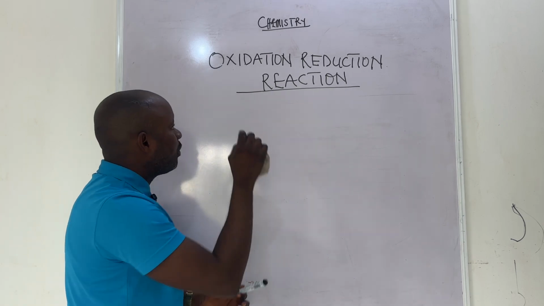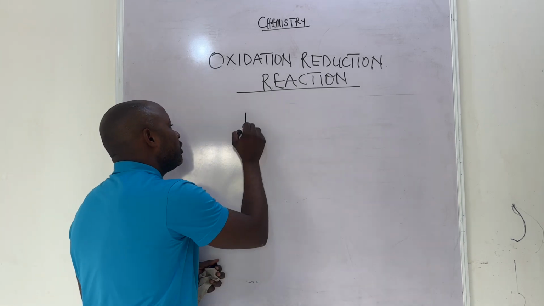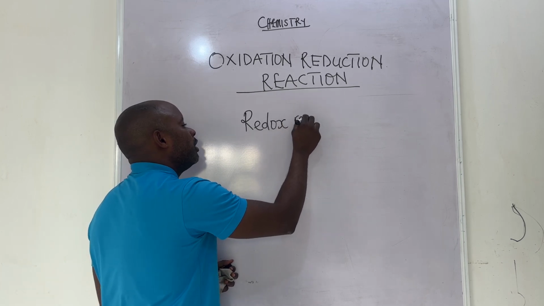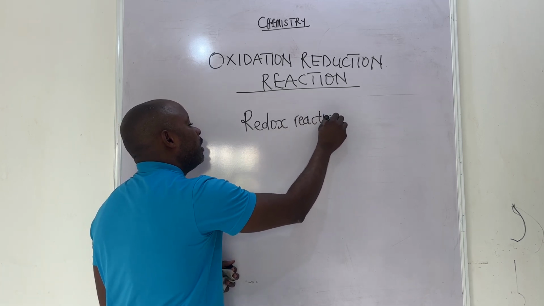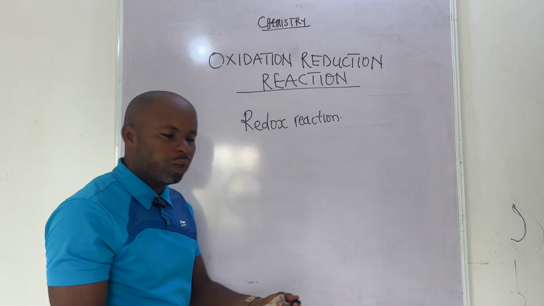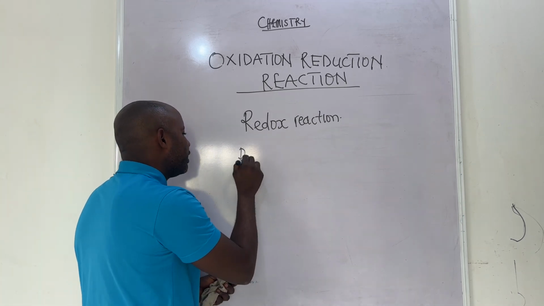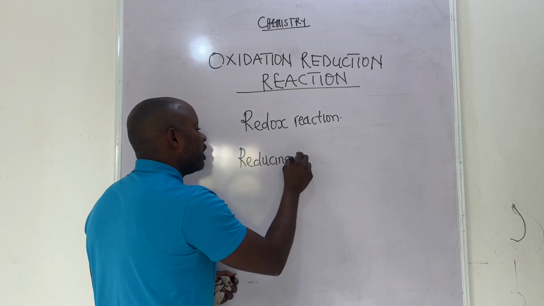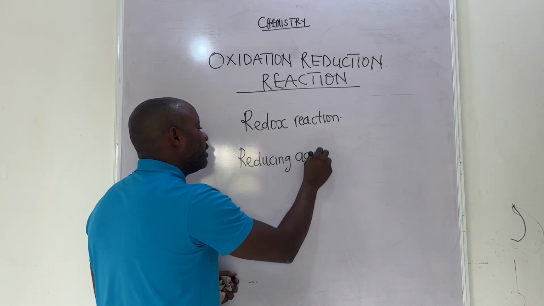We said oxidation-reduction reaction is known as redox reaction. This involves the transfer of electron from a donor, which is known as a reducing agent. A donor of an electron is known as a reducing agent.